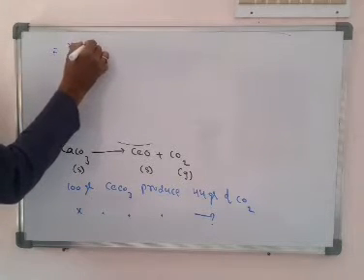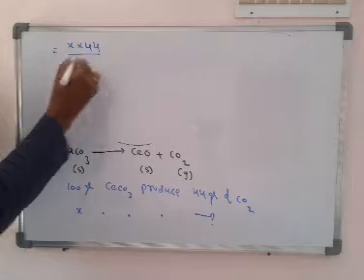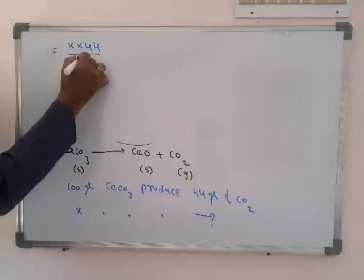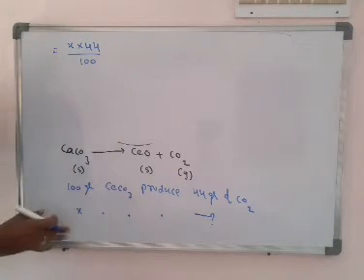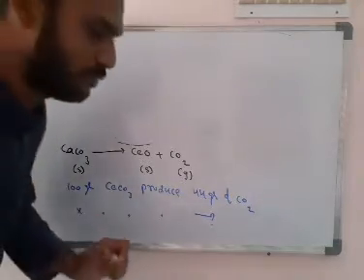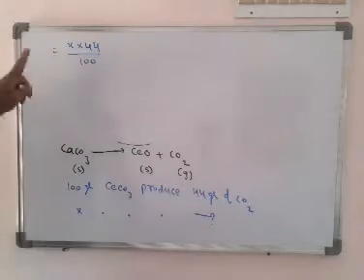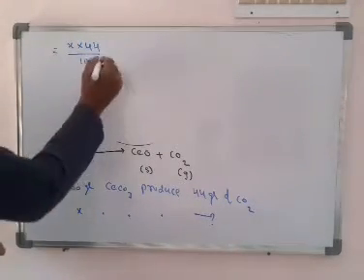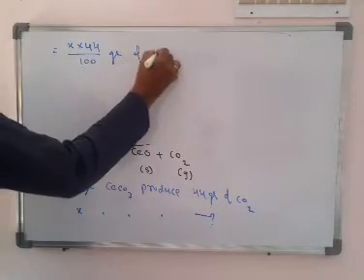The amount of CO2 released is x into 44 by 100 grams.